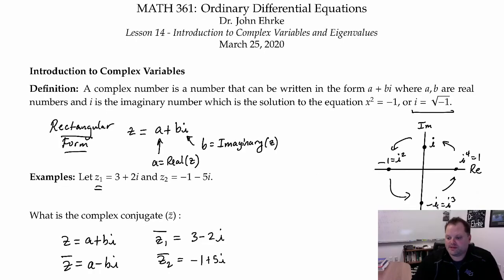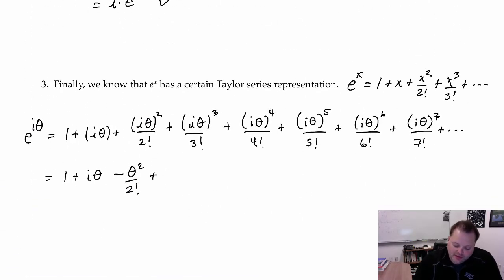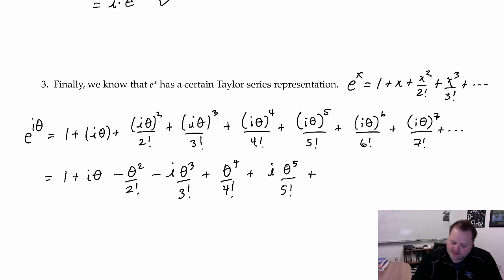Right, i cubed is -i, so this will be negative i theta cubed over 3 factorial. i to the 4th is 1. i to the 5th is the same thing as i, because if you subtract 4 from the exponent, it stays the same value. i to the 6th would be the same thing as i squared. i squared is -1, so this would be negative theta to the 6th over 6 factorial. i to the 7th is the same thing as i cubed. i cubed is -i. And so on. The pattern continues.